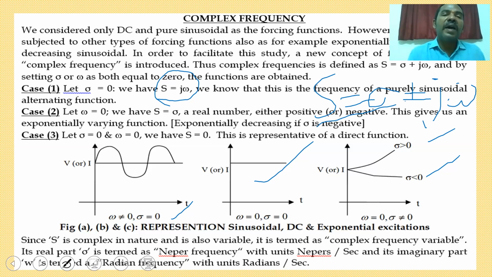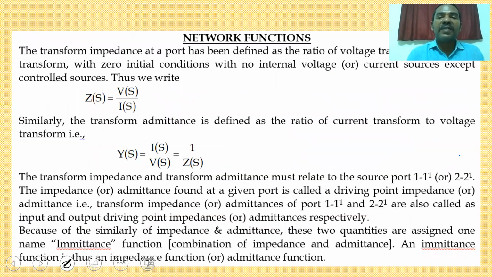Then coming to the network functions. What is a network function? For finding the impedance, by Ohm's law you take voltage divided by current. If you write the impedance, the voltage and the current in terms of the S domain, then you can call it a network function.